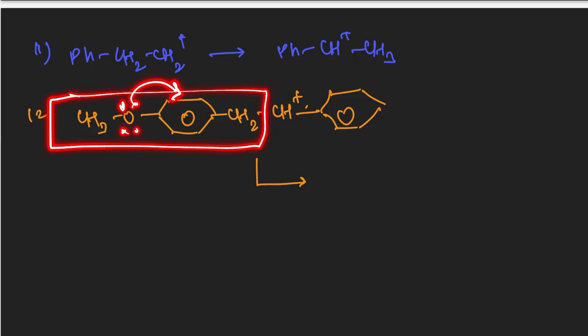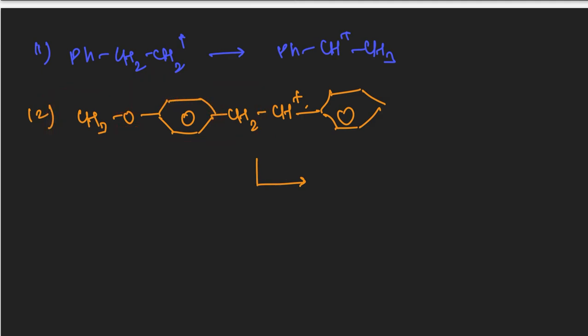Here the carbocation will come, and if there is a carbocation here, it will go into resonance and reach up to here, which is stabilized by the lone pair of oxygen. Again this carbocation will go up to here and it is stabilized by the lone pair of oxygen. So it is actually CH3O, CH plus, CH2. Yes, it will shift.